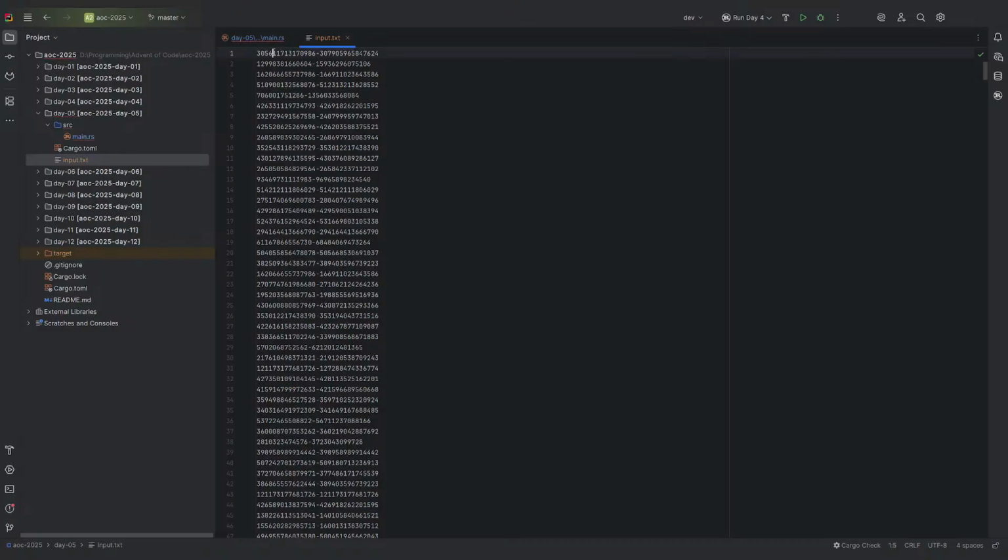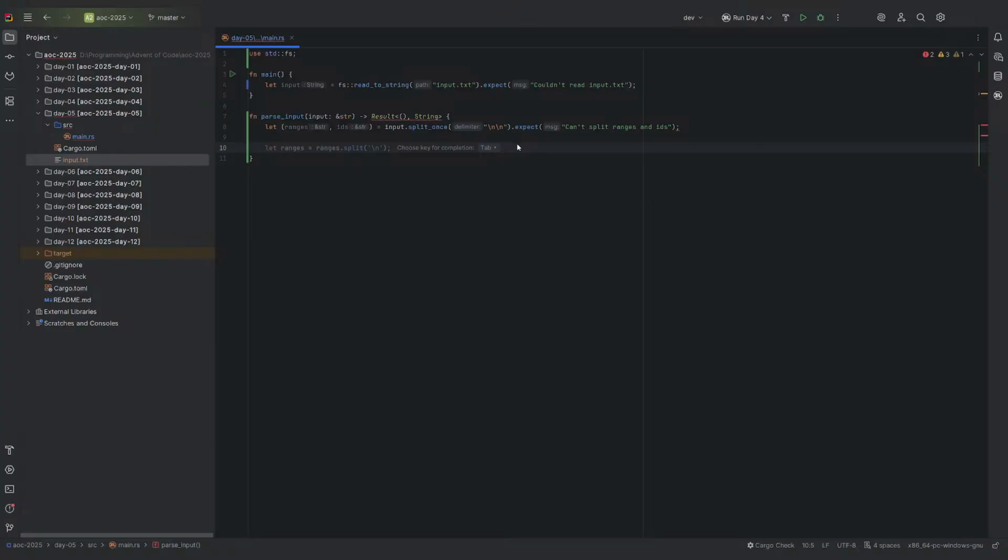The numbers are quite large, so I can't just pre-compute the entire ranges at any point. So I probably want to keep track of them in some sort of structure, because then I can more easily work with that.